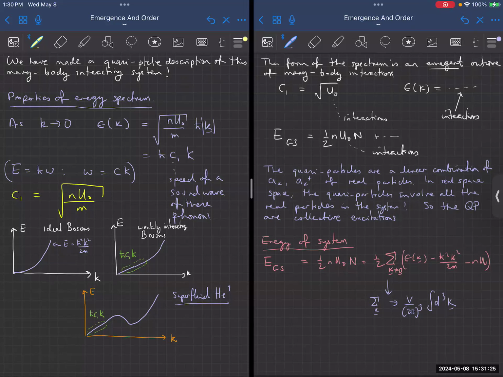If you look at, say, this term over here, this term is going to go like V d3k times say this minus n u naught, and d3k is just k squared dk times 4 pi, and so this whole term is divergent.